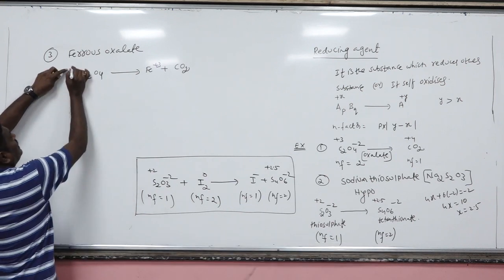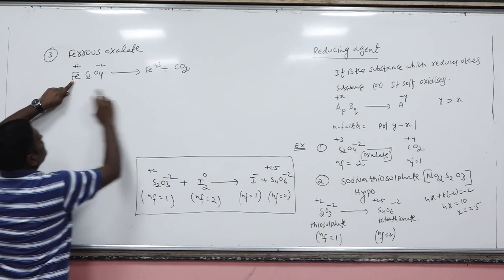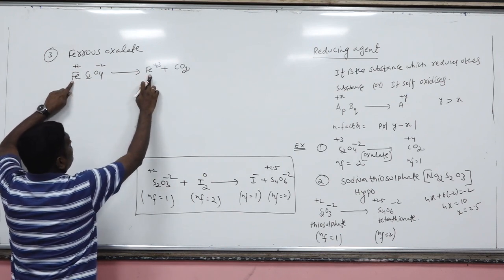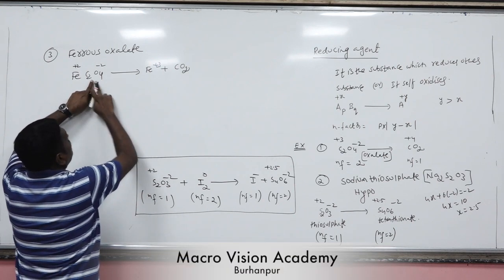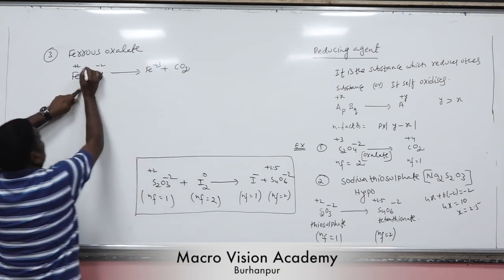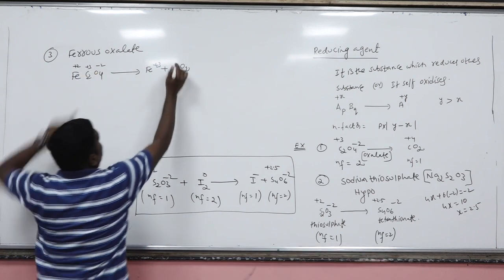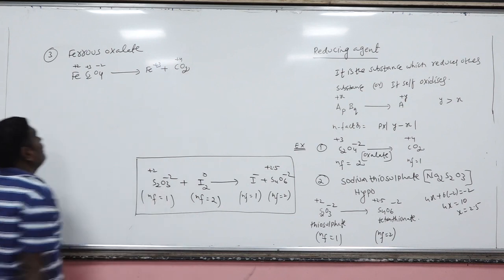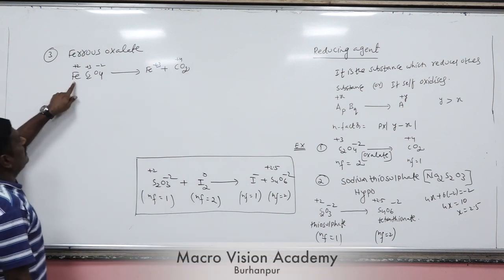Now, iron oxidation number is +2, and here -2. So iron will change from +2 to +3. Now oxalate will change, that means carbon oxidation number changes from +3 to +4. Now, here what happens? Two atoms change their oxidation number, iron and carbon.